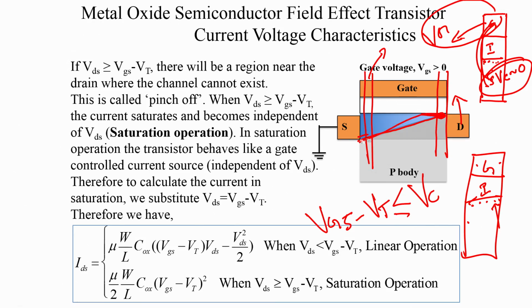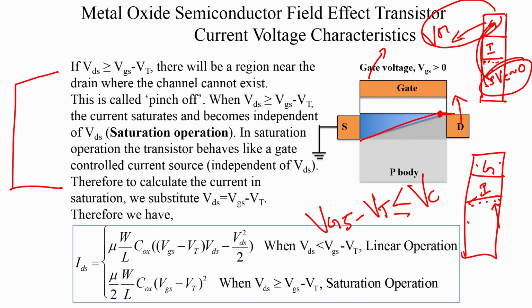You will not see electrons there anymore. And this point where the channel tapers off is called the pinch off point. It is a technical term, it is called pinch off.